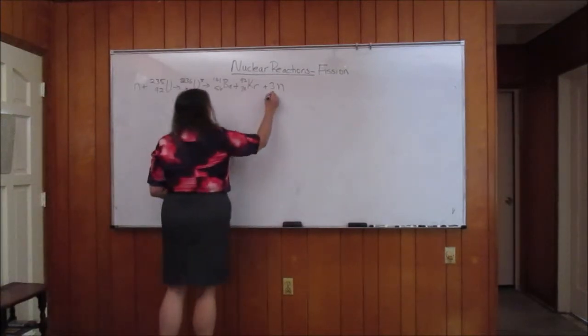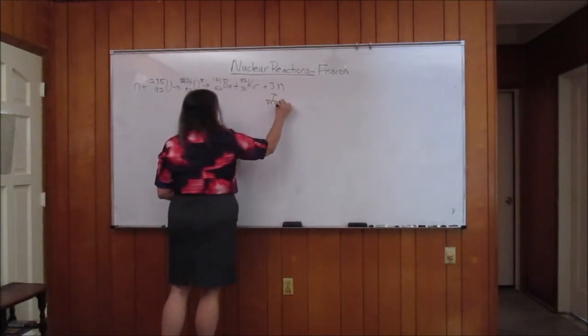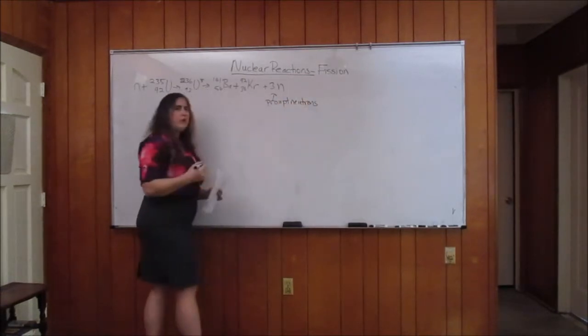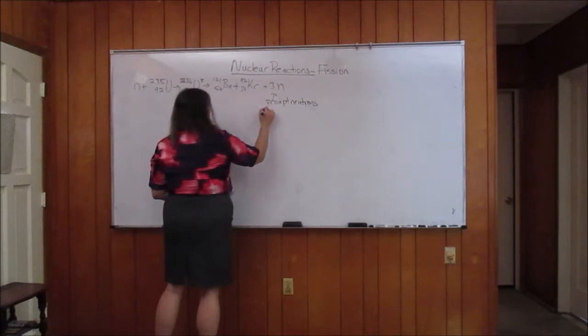And these are called prompt neutrons, meaning that they're emitted at the time of fission.